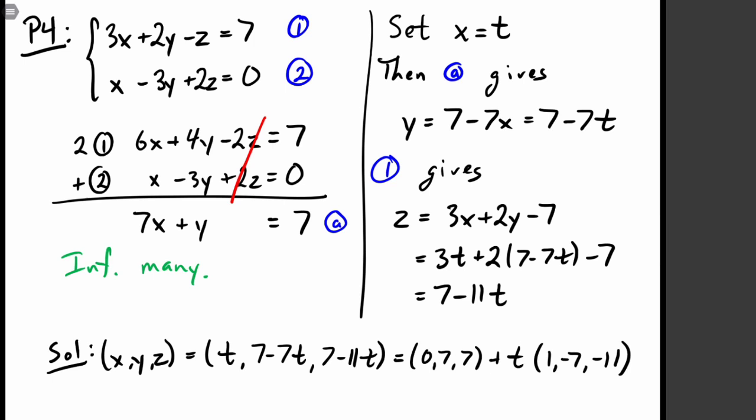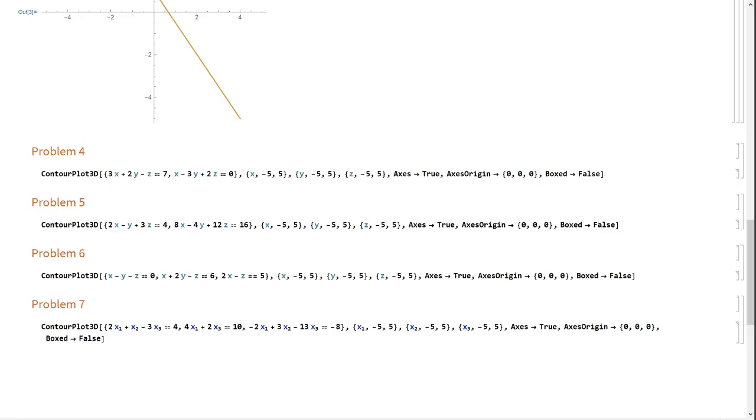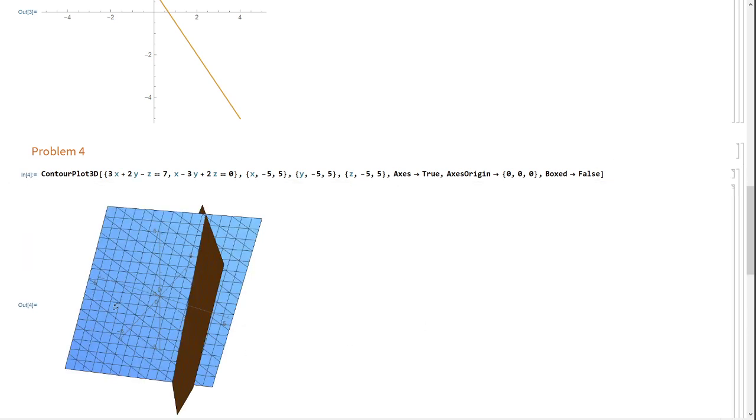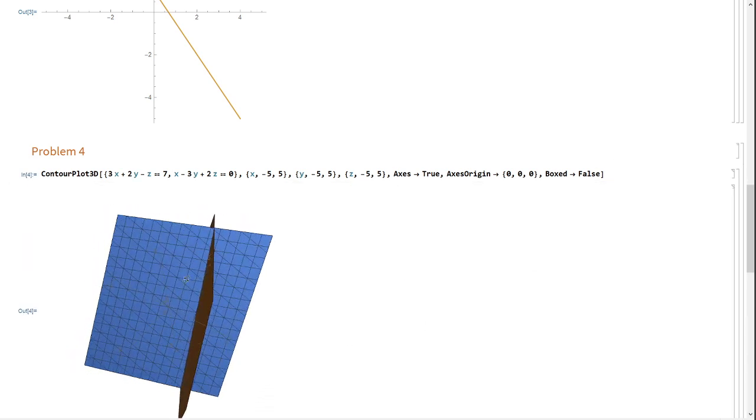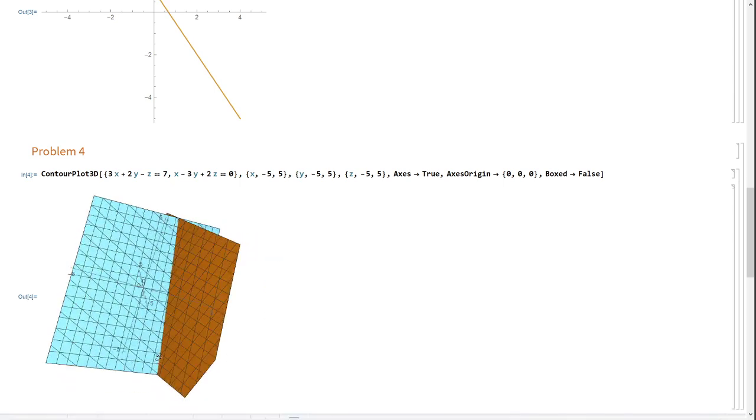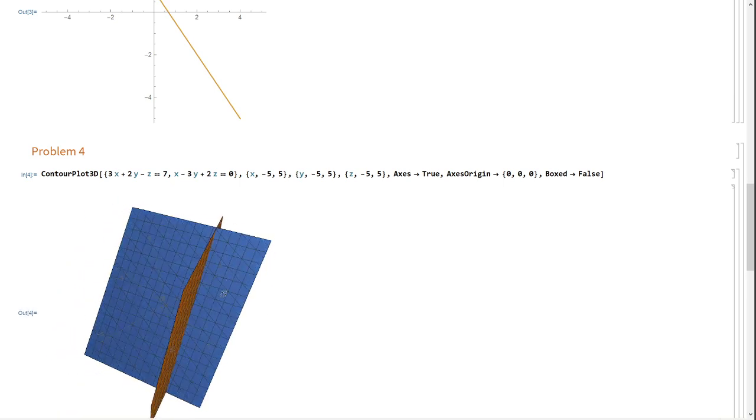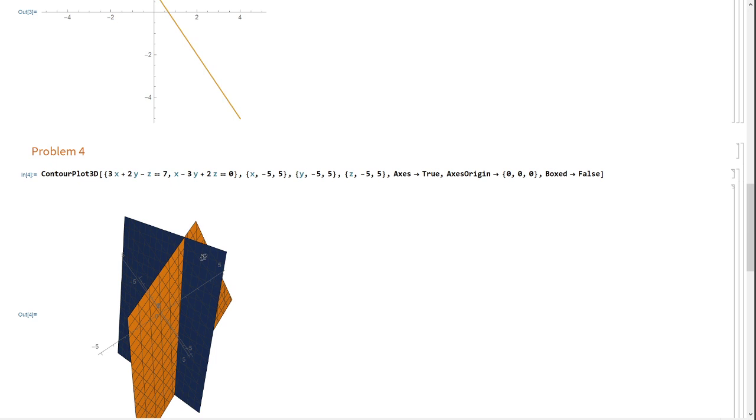And again, think about what kind of object the graph of this is. If we have these two planes, how could this system work out? Well, this right here is the equation of a line. And if we think about it, if two planes intersect, they're going to intersect in a line. So this should make sense for the situation here. So if we plot the graphs of those two planes, again, the blue is the first equation, the orange is the second one, not that it matters so much here.